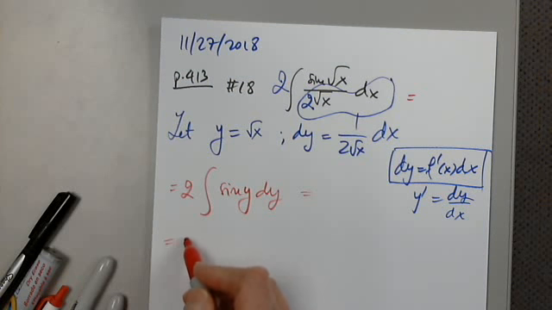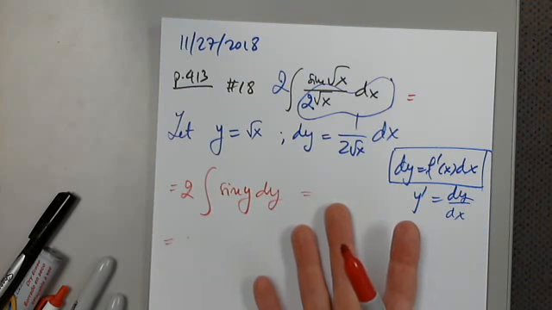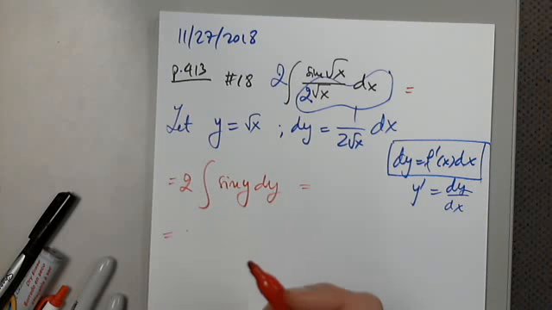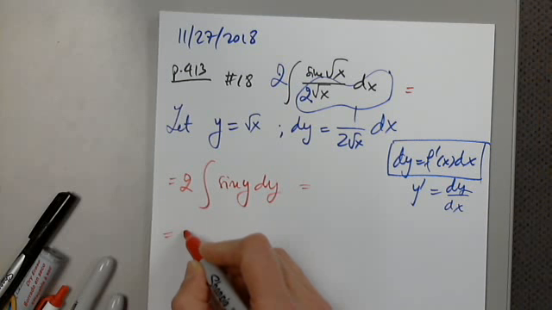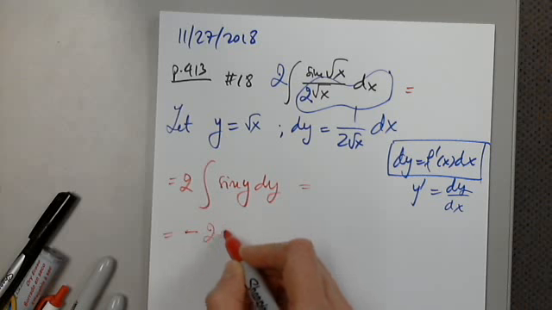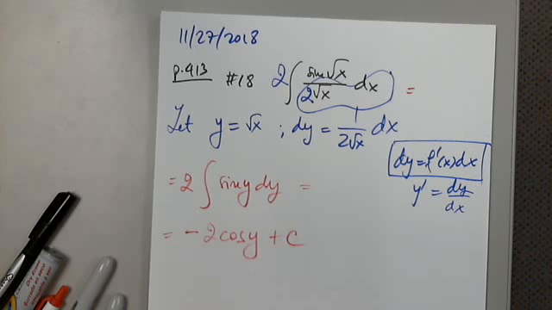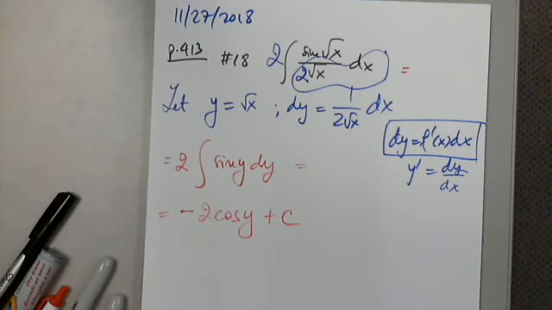What function, well, which function's derivative is sine y? Yes, but negative. Negative 2 cosine y plus a constant c, because this is an indefinite integral. But like any indefinite integral, when we use a substitution rule, we have to go back and replace it.